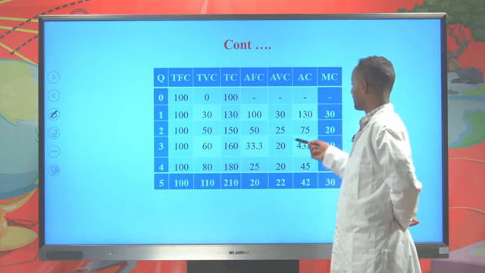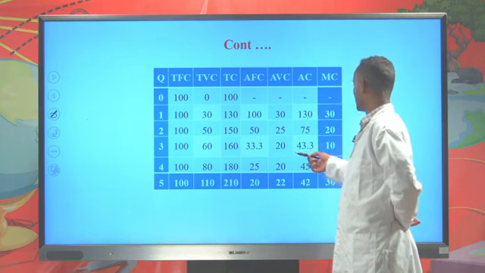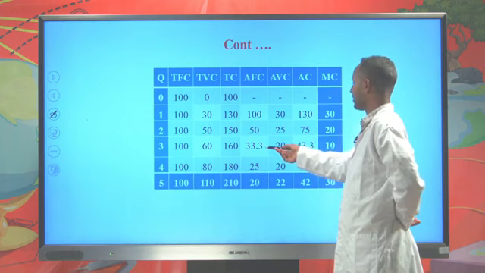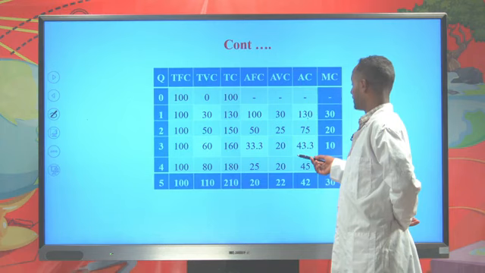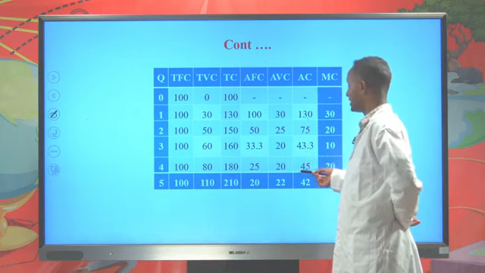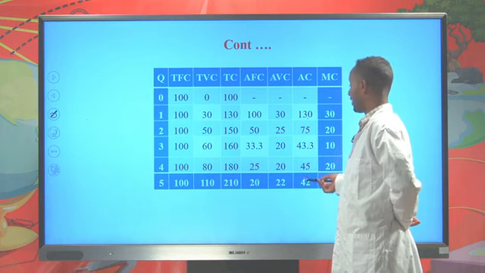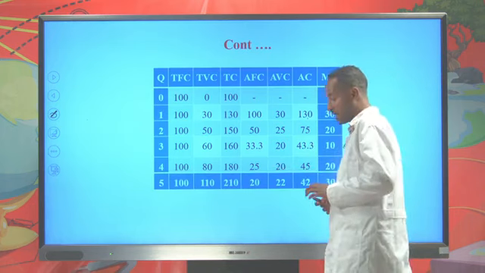The average cost of producing 3 units is 53.3, which is the sum of 33.3 and 20. The average cost of producing 4 units is 45, which is the sum of 25 and 20. The average cost of 5 units of a commodity is 42, which is the sum of 20 and 22.